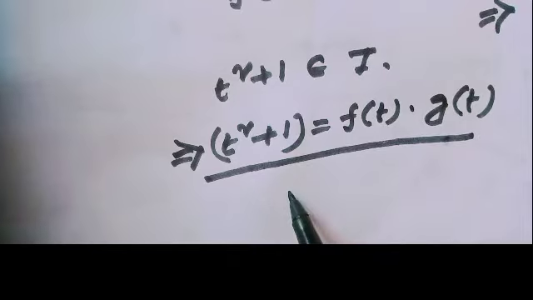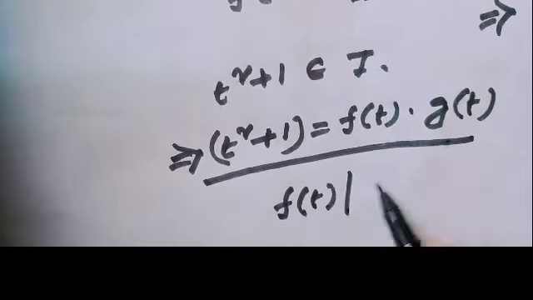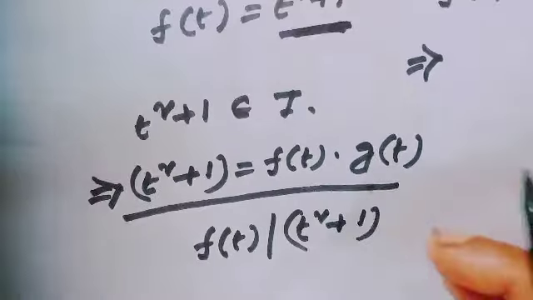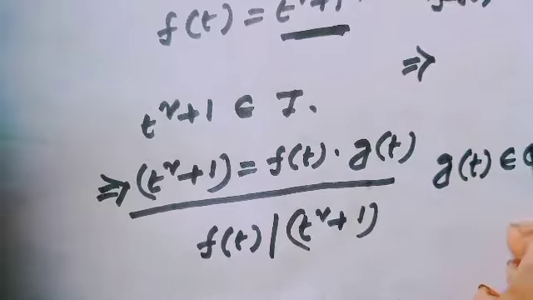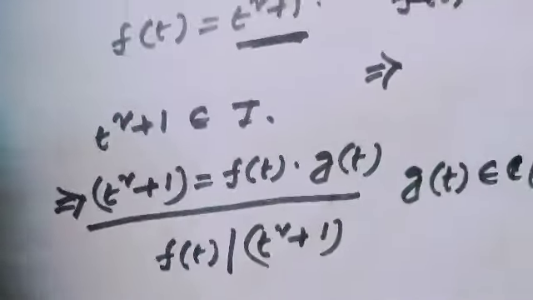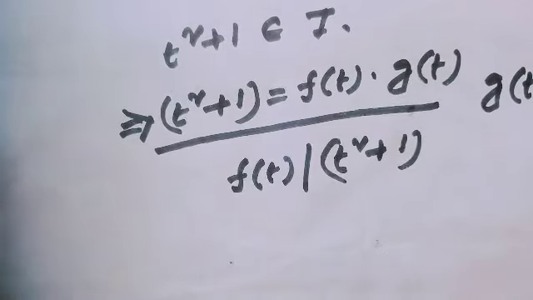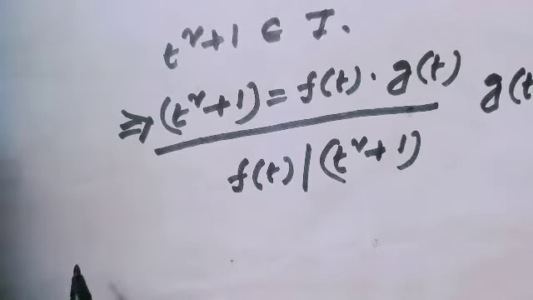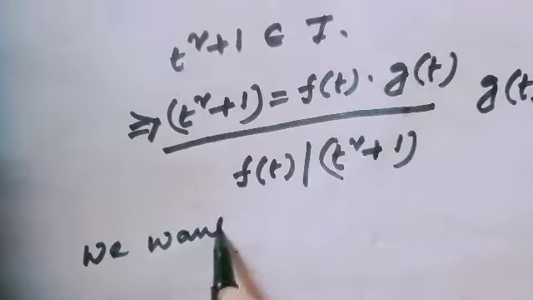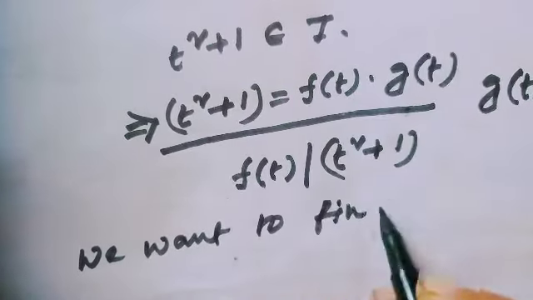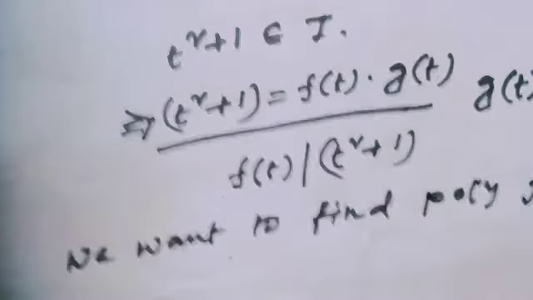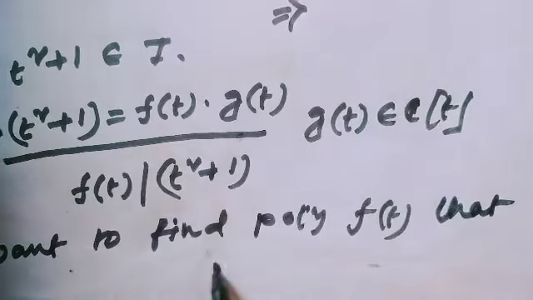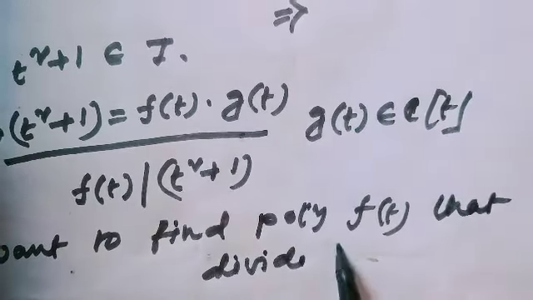From this line we can tell easily that f(t) divides t² + 1. Therefore, actually we want to find such polynomials f(t) that divide t² + 1.